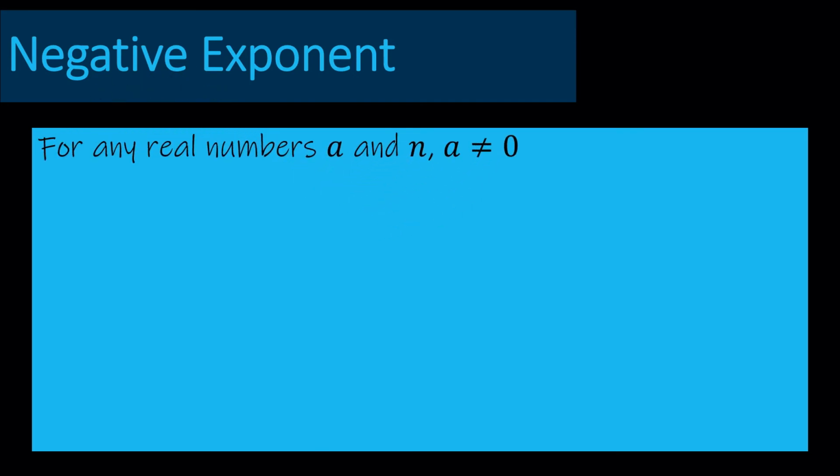Negative exponent. For any real numbers a and n, where a should not be equal to 0, a to the power of negative n is equal to 1 over a to the power of n. So for this law, the purpose is, in mathematics, when we say simplified, there should be no negative exponent.